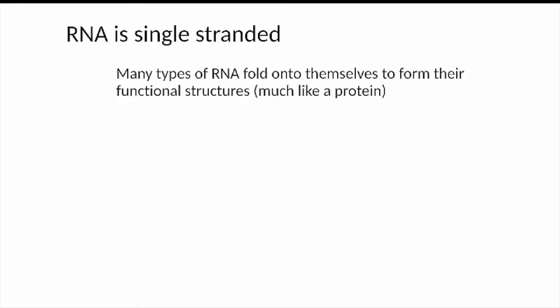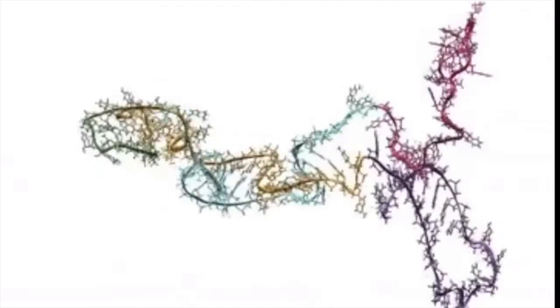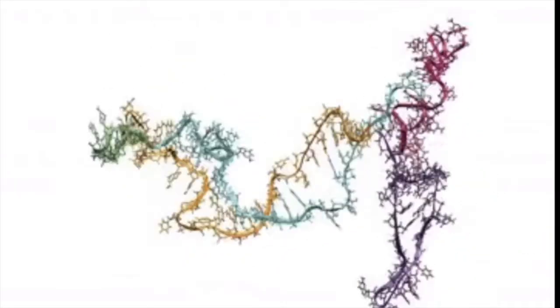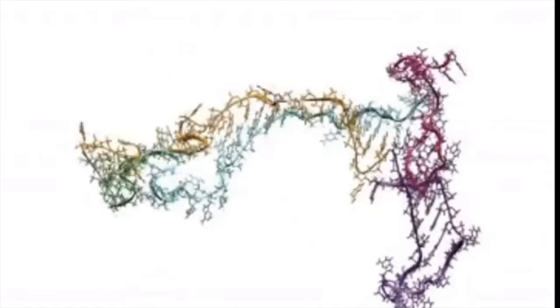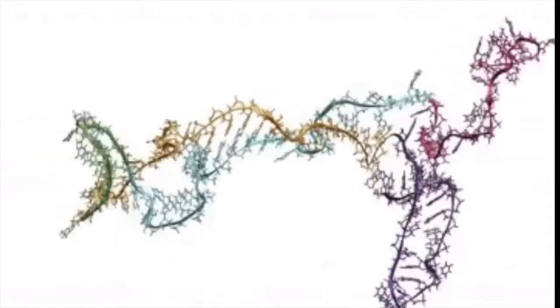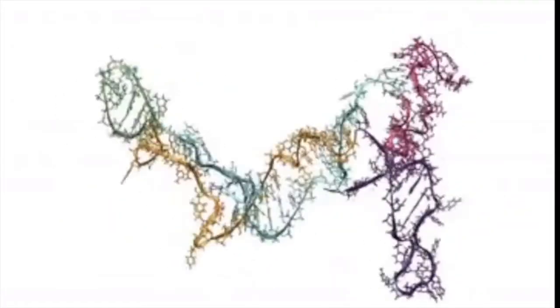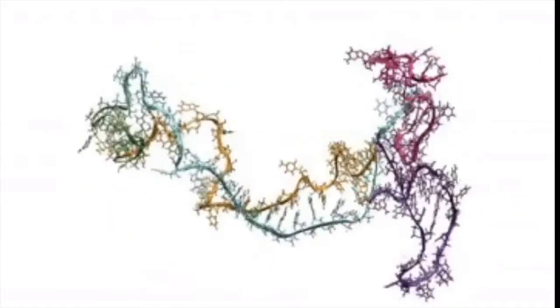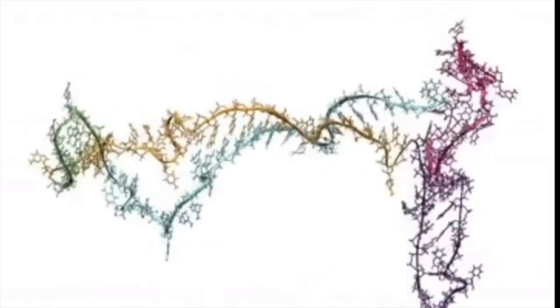Okay, so RNA is single-stranded, but many types of RNA fold onto themselves to form their functional structures, much like a protein does. And we're going to see some images of that in just a moment. So I'm going to show you this video, which is really cool. It just came out, and I've given you the link to it. This is a three-dimensional model from a recent research paper where researchers are seeking to understand how exactly it is that RNA folds itself.